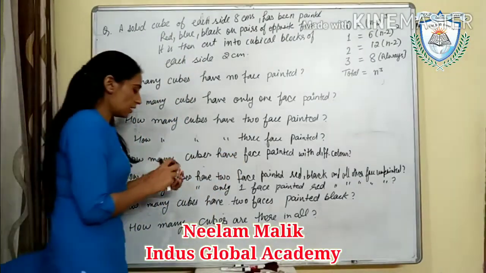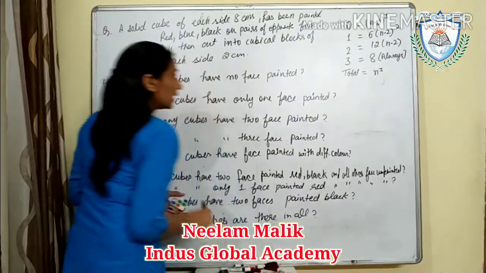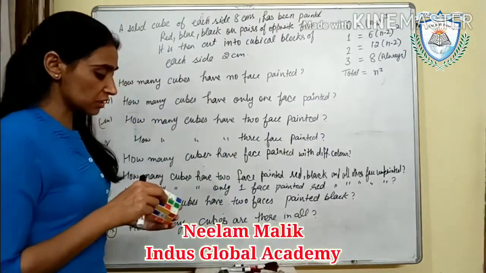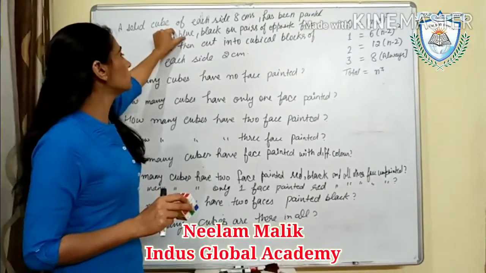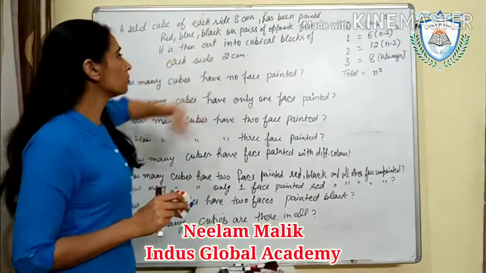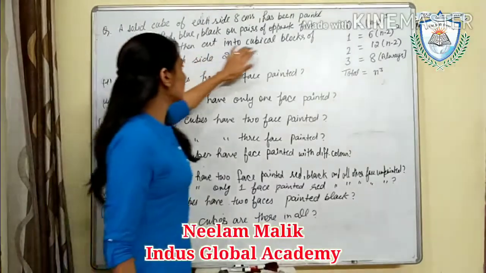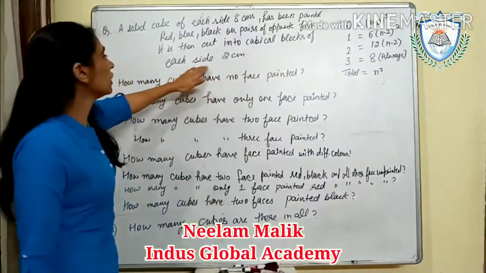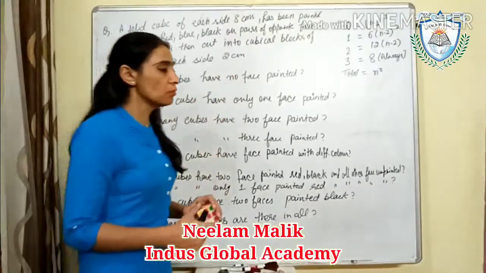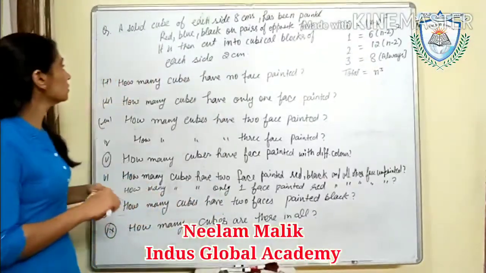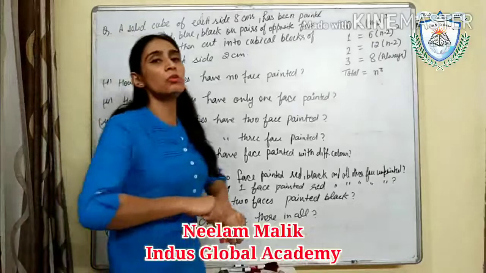Means we have colored the cube's opposite faces with these colors. Two opposite faces will be red, two opposite blue, and two opposite black. Now it is cut into cubical blocks of each side 2 centimeter, so the length of the small cube is 2 centimeter. So first of all, what we have to find out is n.